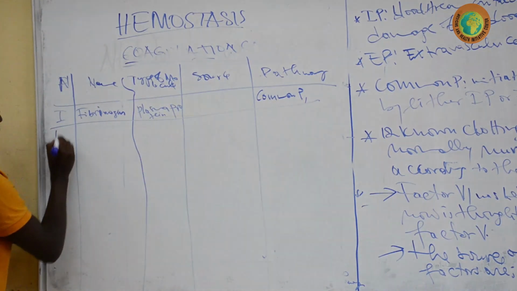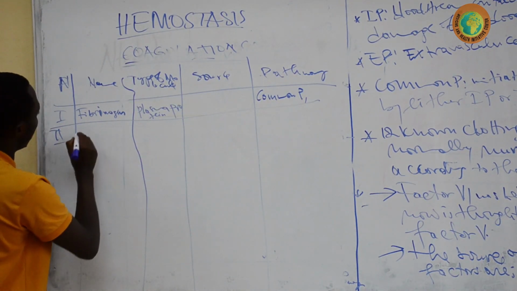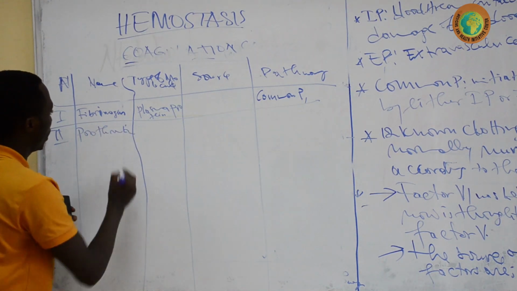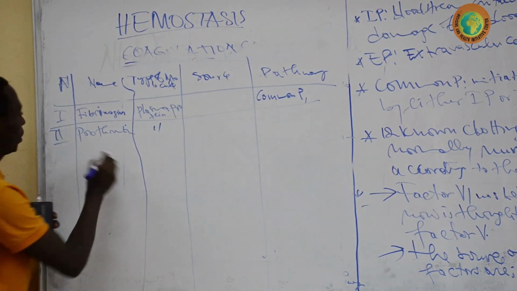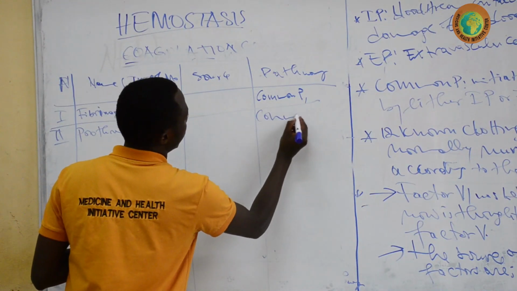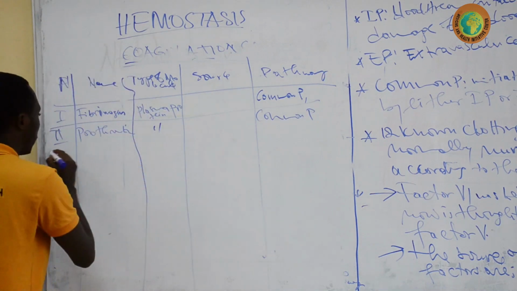Second factor is clotting factor, prothrombin. It's also a plasma protein, and it is functional in the common pathway.